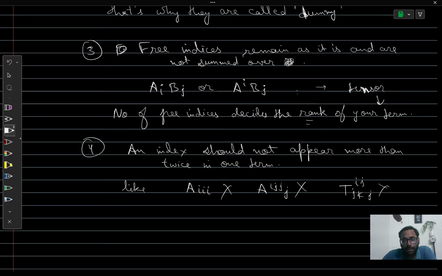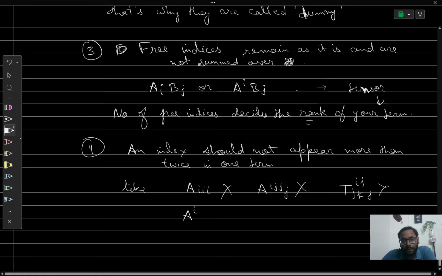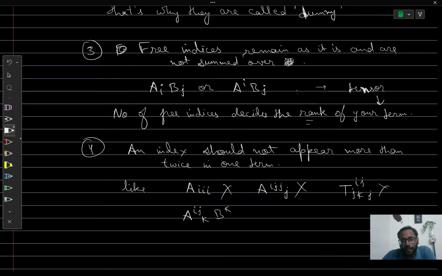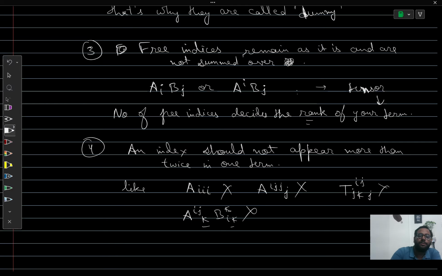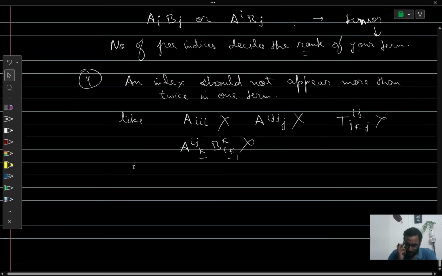Or suppose you choose two different things. These are all tensors, so k and i, k. These are repeated more than twice, so this is also not acceptable.